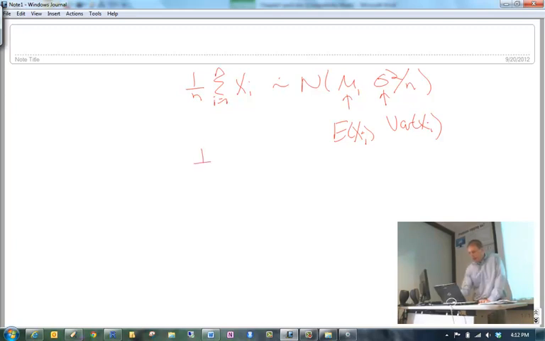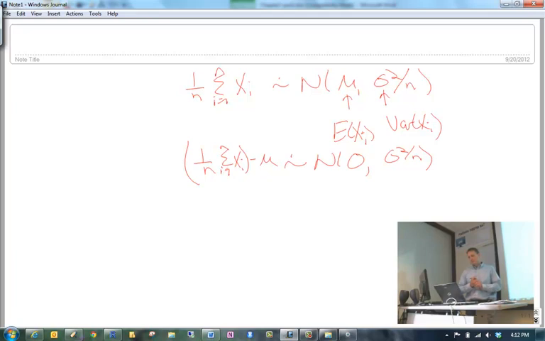Equivalently, we could write this as 1 over n times the sum of the x i's minus mu is approximated by a normal with mean 0 and variance sigma squared divided by n. And if we want to write it like this, square root of n times x bar minus mu converges in distribution to a normal random variable of mean 0 and variance sigma squared. Okay.